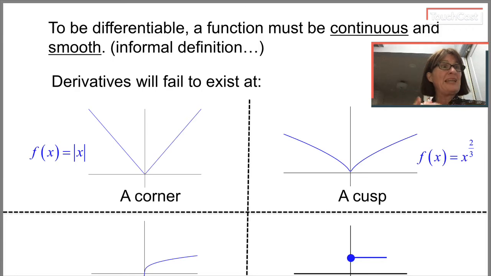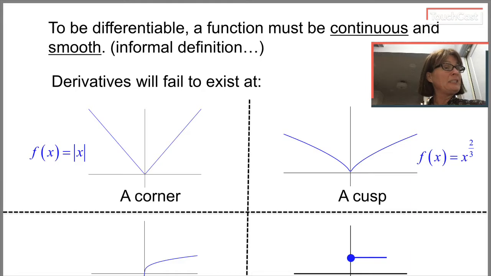So big picture, an informal definition: you can find the derivative of a function anywhere it is smooth and continuous. Some places where you will not find a derivative, and there's a place for you to sketch each one of these: if there is a corner, like the graph of the absolute value of x.